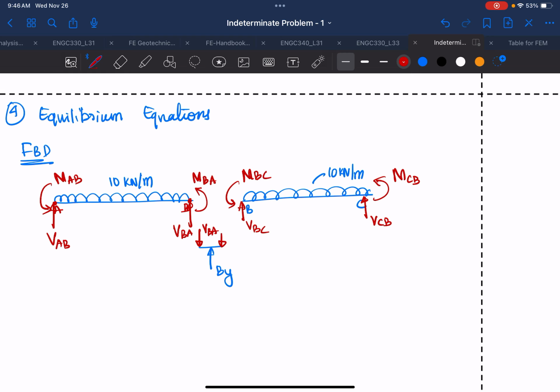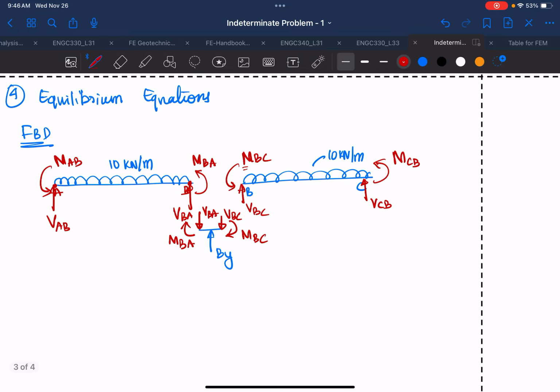Finally, we must maintain equilibrium at joint B, and because MBA is counterclockwise for beam AB, at this joint we'll have MBC, which is clockwise, and for this joint also we'll have clockwise MBA. So these are all your free body diagrams, which are very important in your slope deflection.